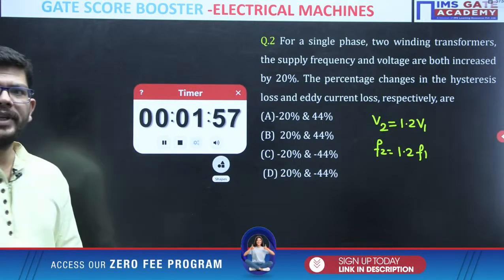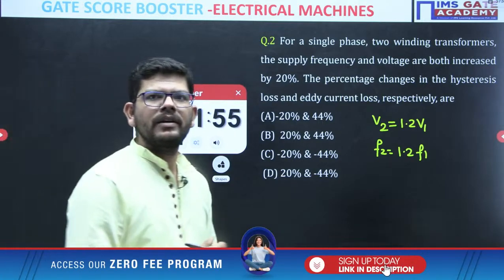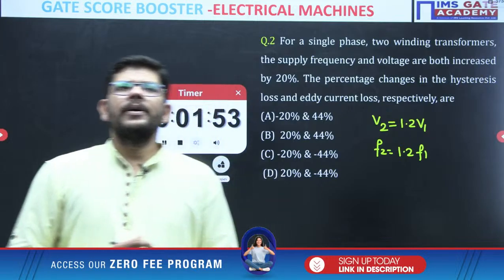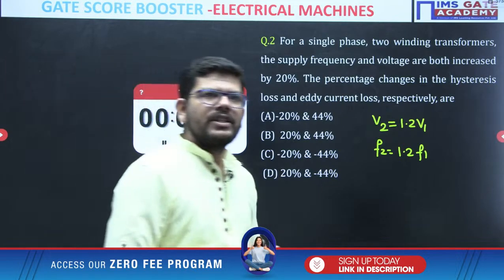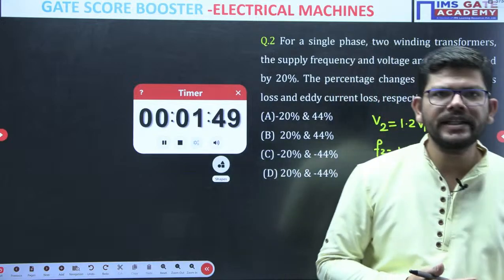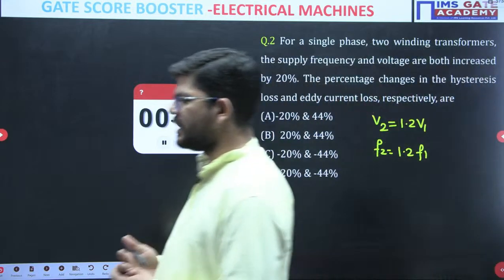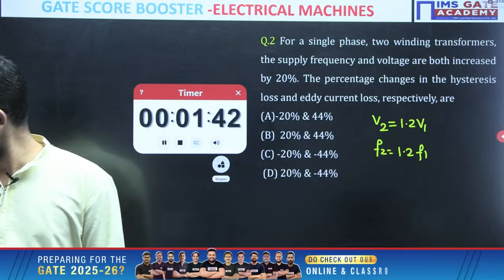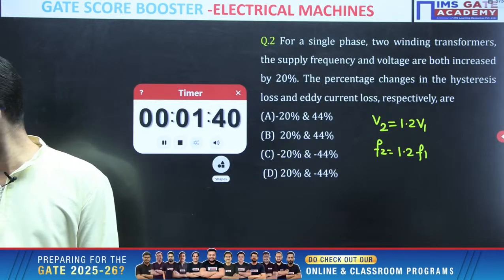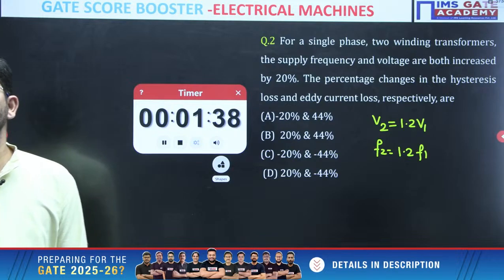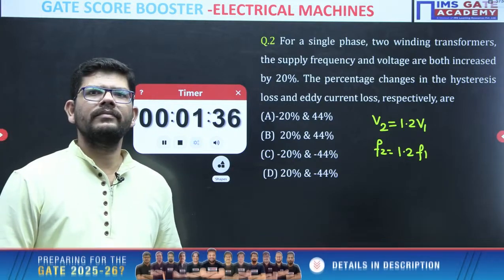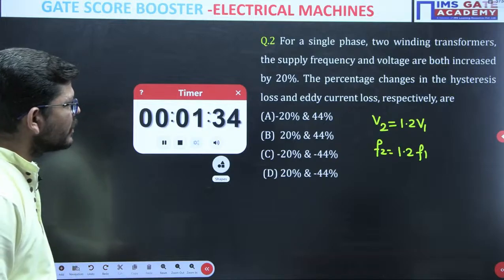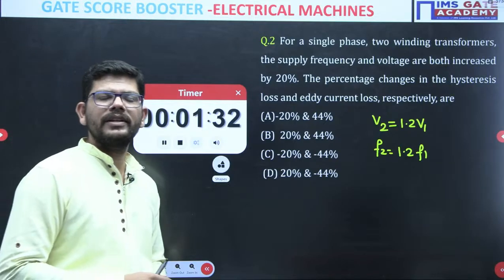You have 2 minutes to solve this question. Very good, Bhavani. Frequency is changed, right? Then what are the changes in hysteresis and eddy current losses that you have to calculate? Tell me the correct answer. Meda is saying B. Very good.